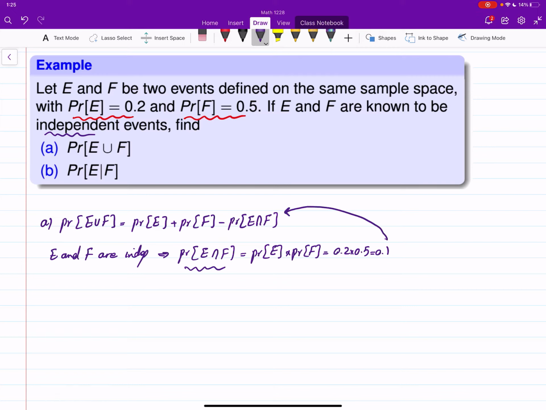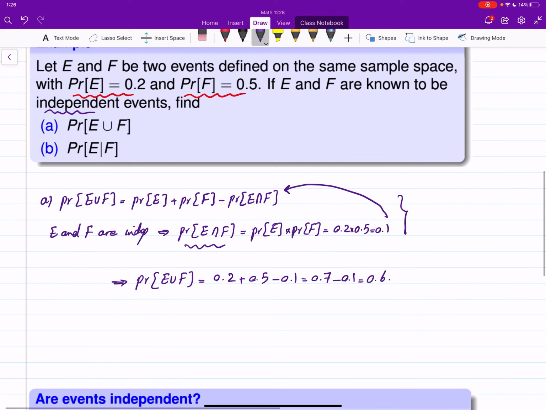Now I can put it in the inclusion-exclusion formula. Let me write it down here and calculate the probability of the union. This is 0.2 plus 0.5 minus 0.1, the intersection, that gives me 0.7 minus 0.1, which is 0.6.